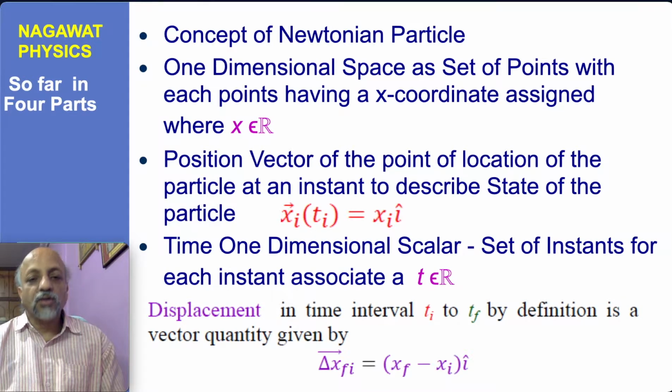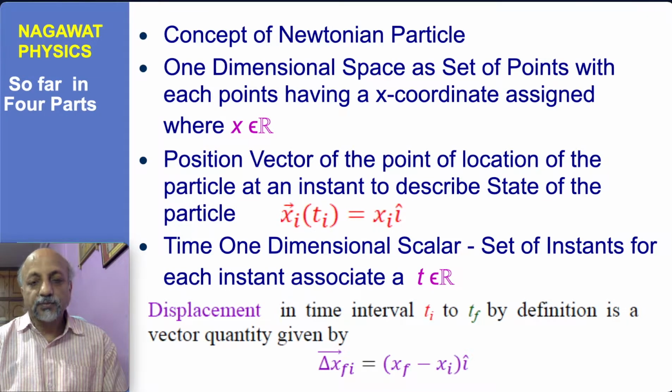In the last talk we also defined displacement of the particle in a time interval ti to tf, in terms of the position vector of the particle at instant ti, which is xi, and the position vector of the particle at instant tf, which is xf, both being vector quantities. So xf vector minus xi vector was defined as displacement.